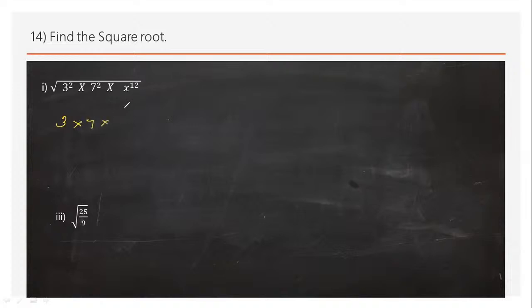X to the power 12, then 12 divided by 2 is 6. 25 square root is 5. 9 square root is 3. 1 and 2/3.